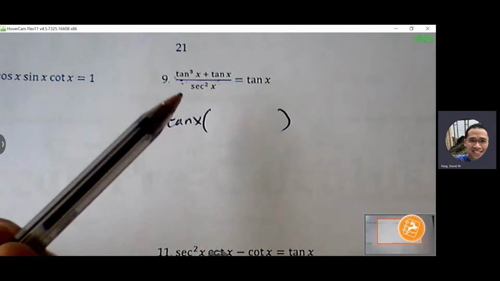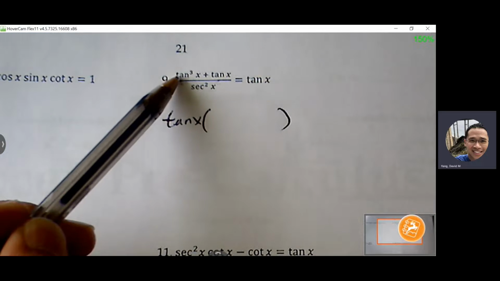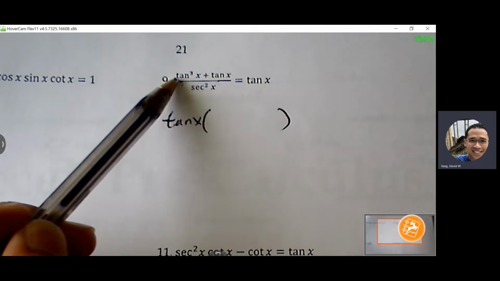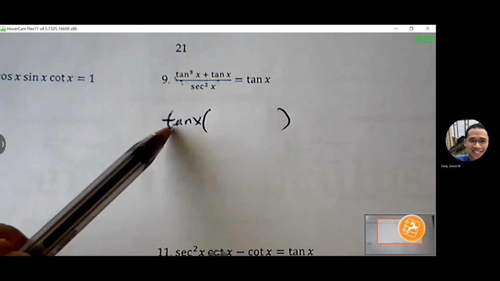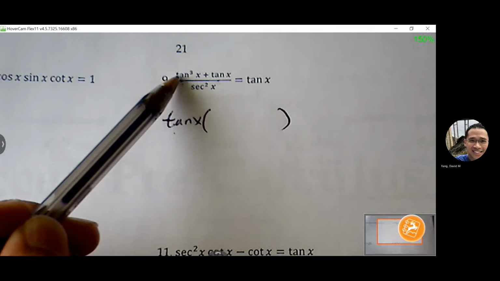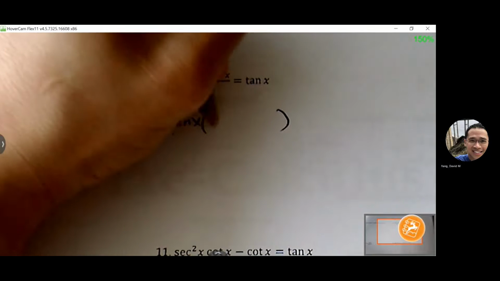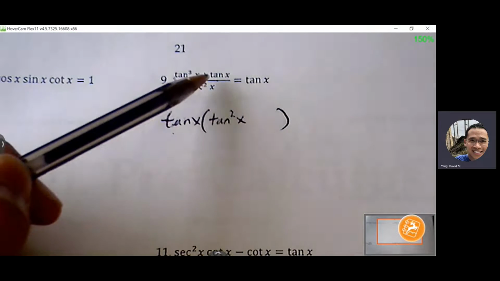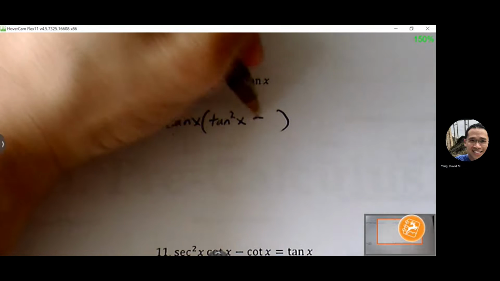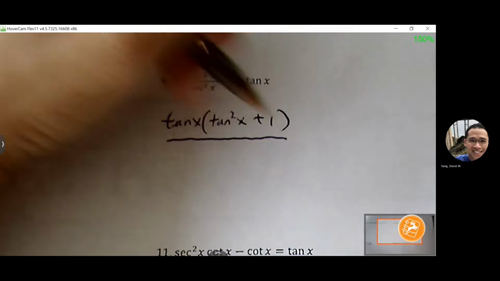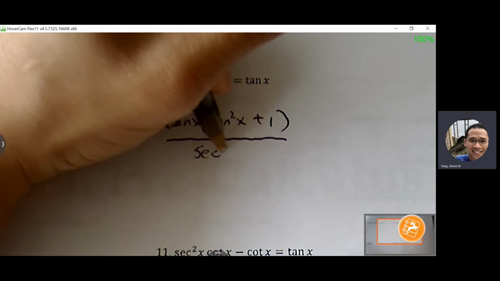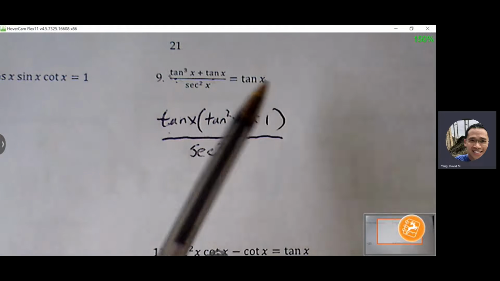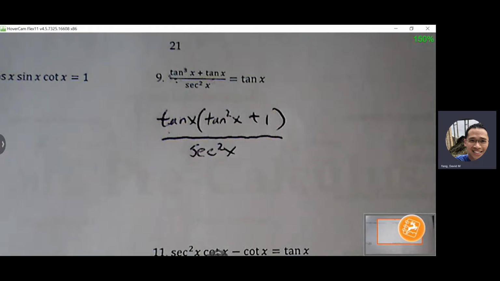So what that means is I'm dividing a tangent x from both tangent cubed and tangent x. Tangent cubed x divided by tangent x is just what? Tangent squared x, yeah. Okay, and then tangent x divided by tangent x is 1, so plus 1. Being able to take that GCF out, you're able to see that identity show up for us. That's very nice and clean. Okay, so what's next?